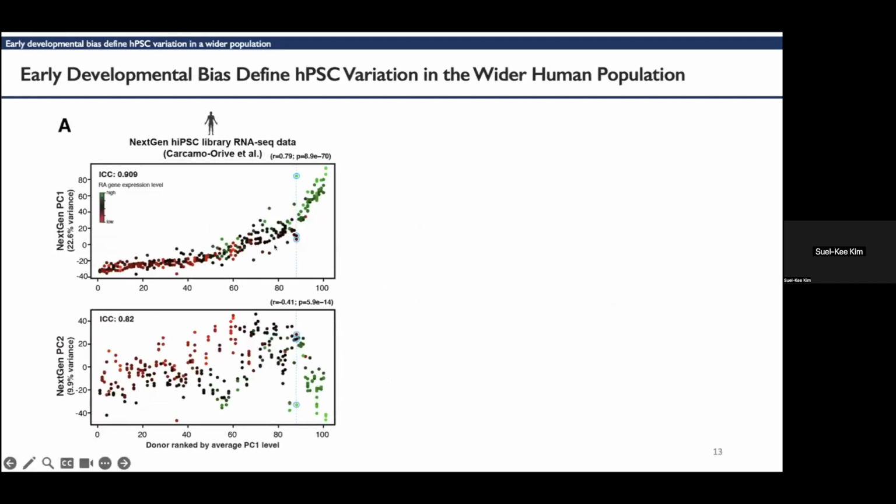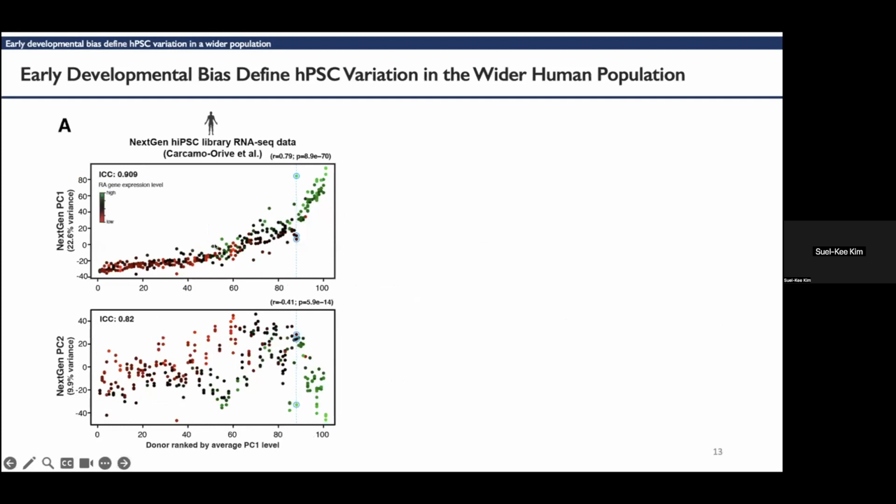So to further investigate lineage variation in an extensive collection of lines derived from the wider human population, we explored the published RNA-seq data collected from 300 undifferentiated iPS cells derived from 100 donors generated by the NextGen Consortium.